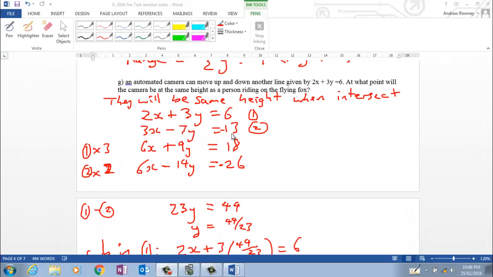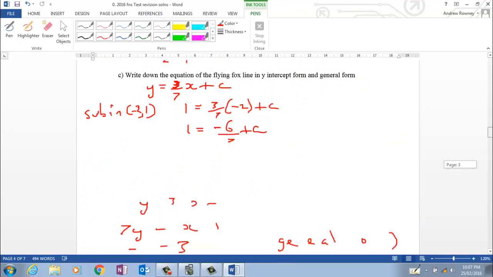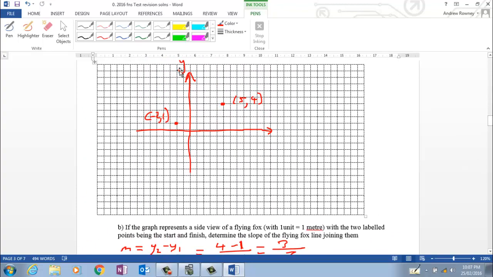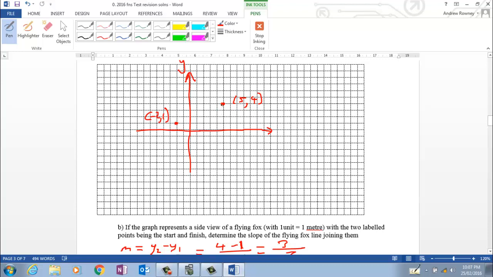Now to do part G, you've got an automated camera moving down given by that line. So we've got two equations. One equation is the Flying Fox, and that's this line going down here, the flying fox line.